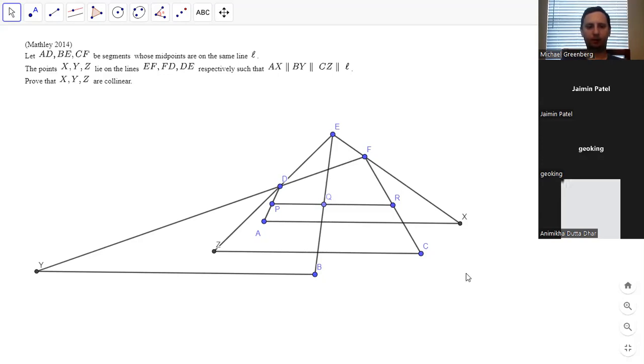That might be a good start. What if we use Desargues on triangles ABC and DEF?